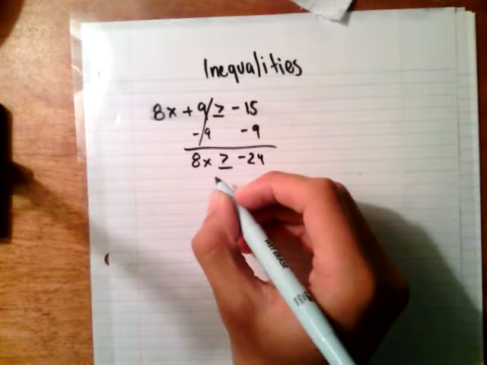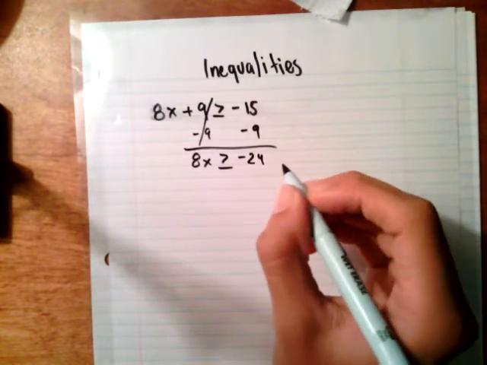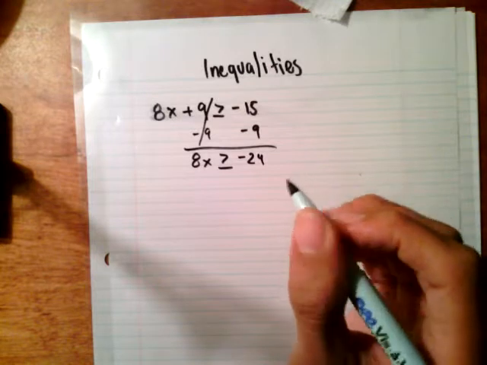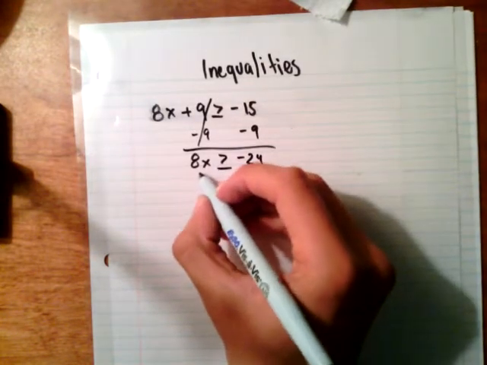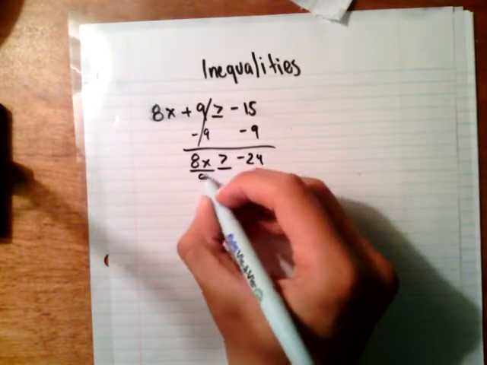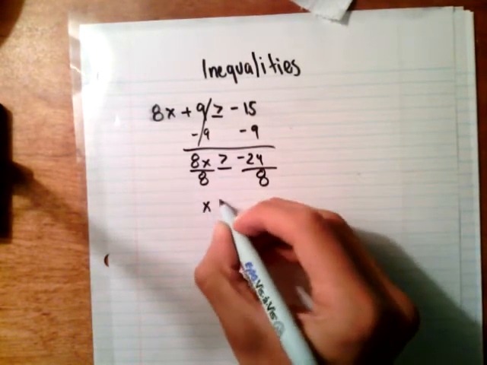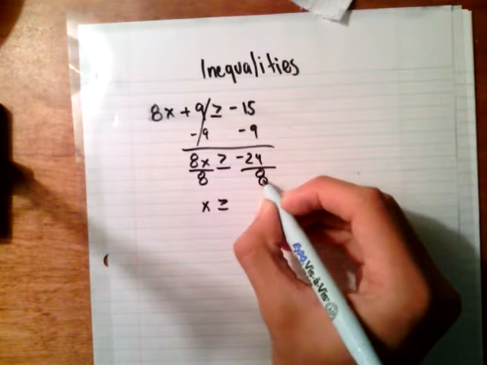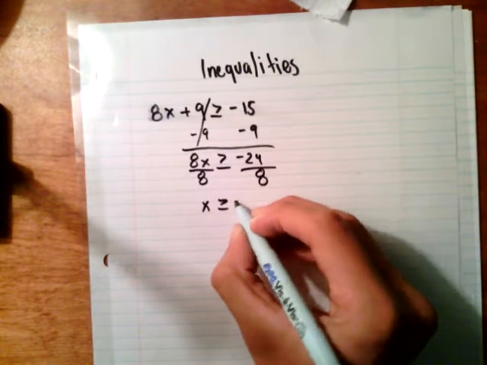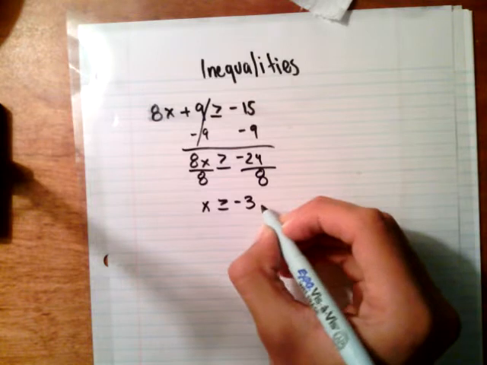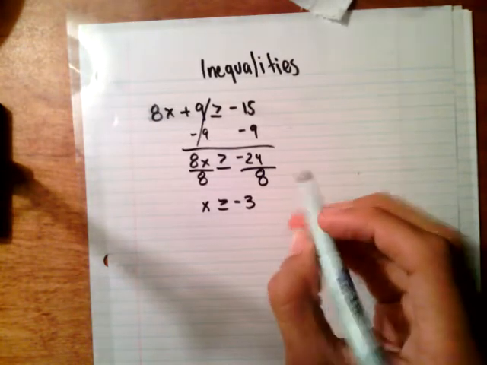Now, next we want to divide both sides, and that's one of the equality solving tools. We'll divide by 8. Therefore, we get x is greater than or equal to negative 24 divided by 8. That gives us negative 3. Alright, so now we've solved this.